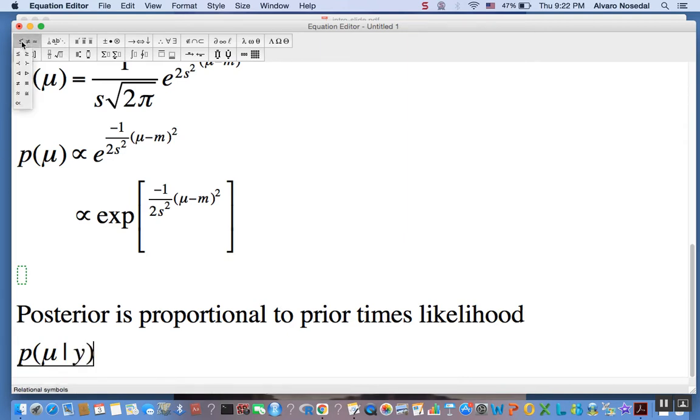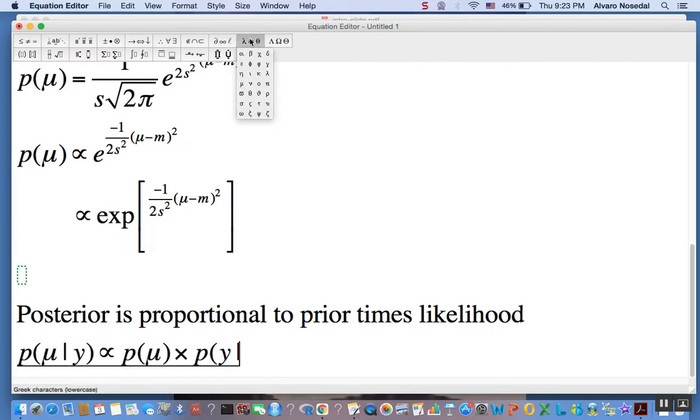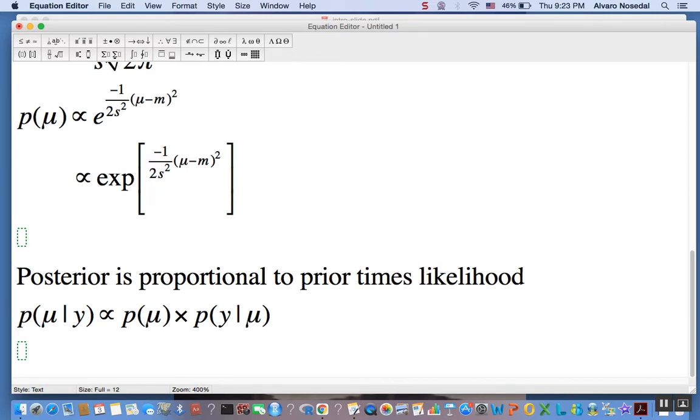We know it's proportional to prior times likelihood. Likelihood is y given mu. So it's going to be proportional to this.